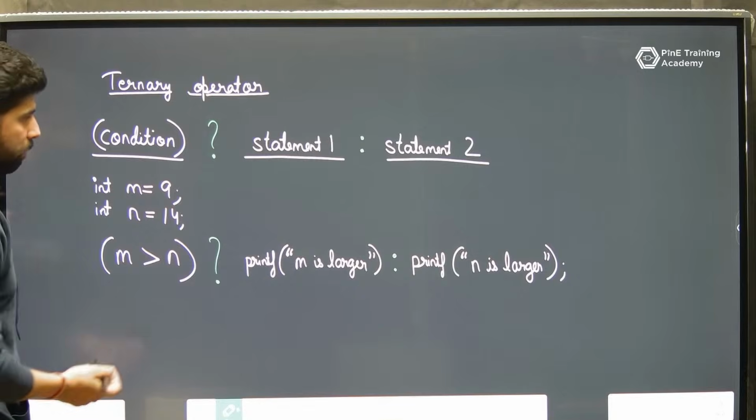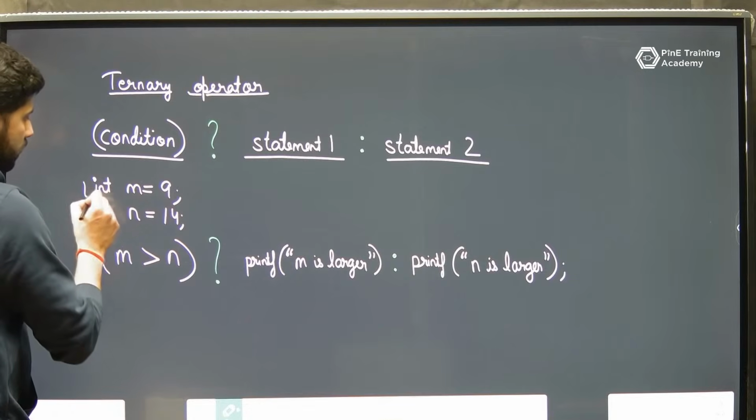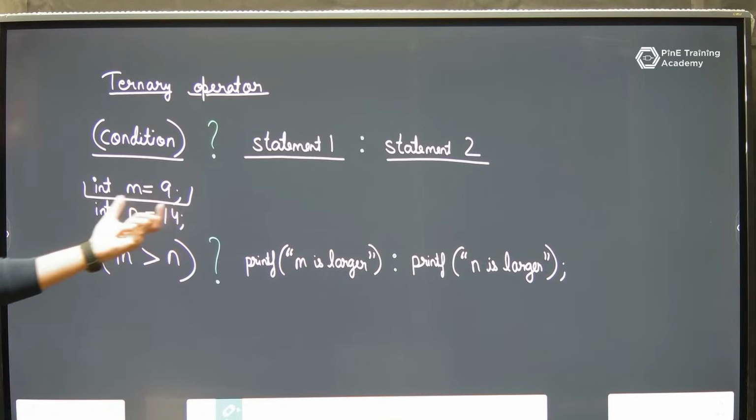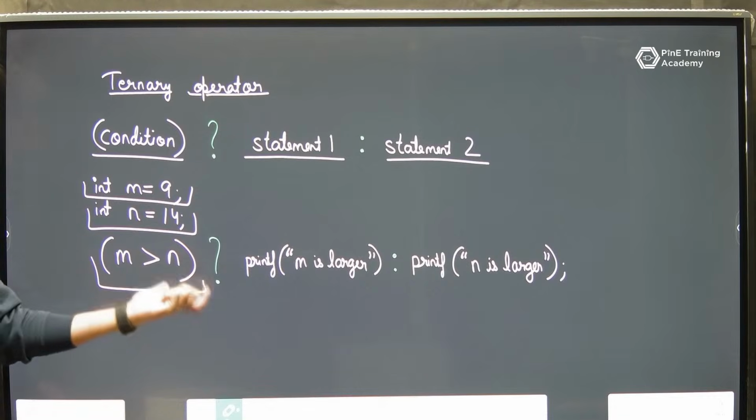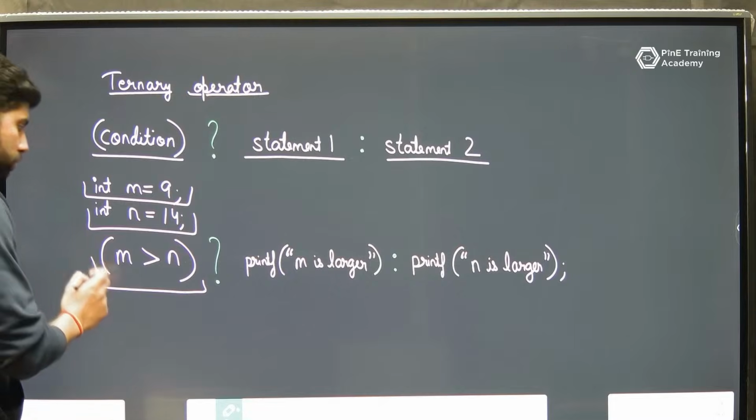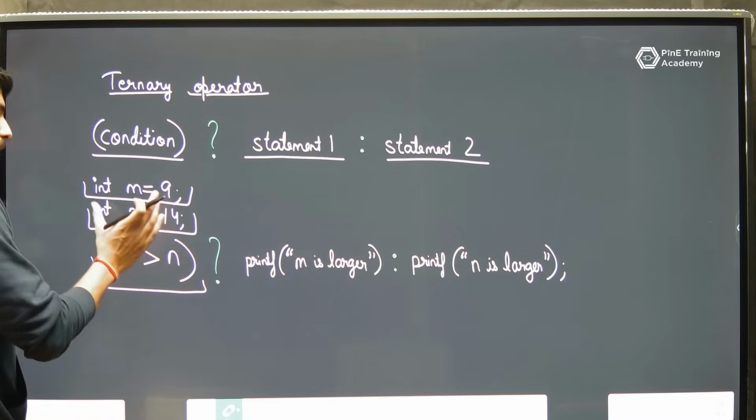I have written an example below. Suppose I have int m equals 9, int n equals 14. Two variables, m is 9, n is 14. And here I have written the condition m is greater than n. It will check whether the condition is true or not.